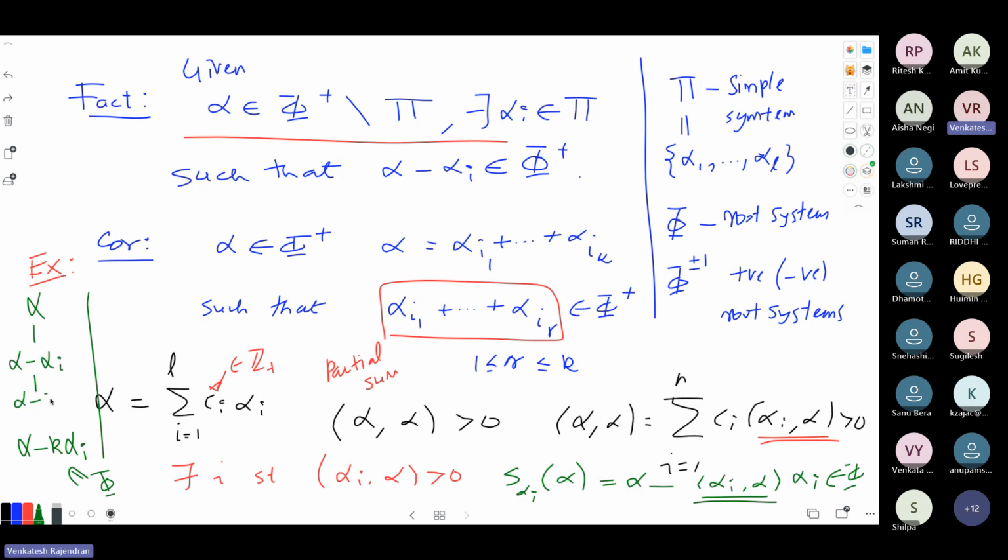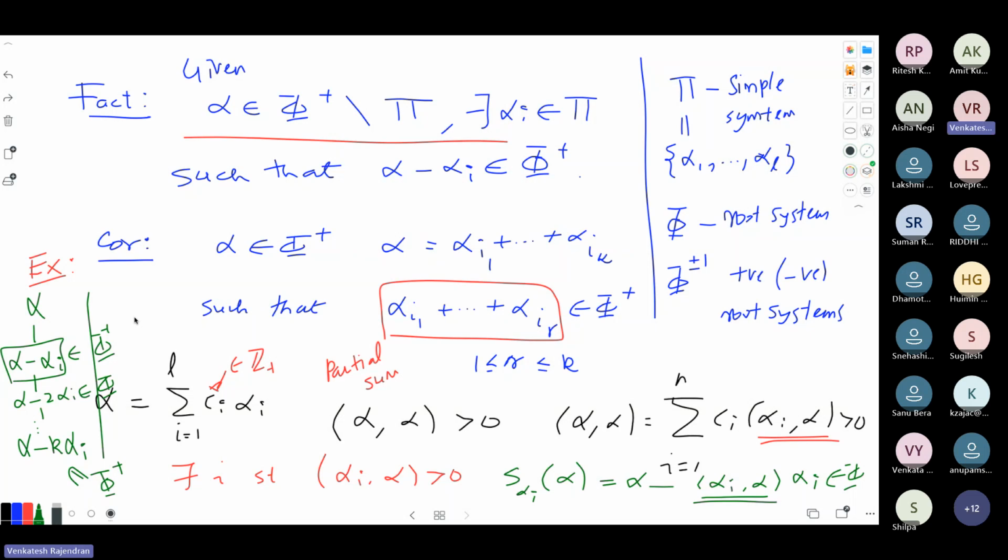You have to go like this to reach this. So all these things should be roots, and note that this is in phi plus. So that tells you that you can always subtract some simple root from a given alpha, unless alpha equals alpha I, in which case you can't do this.